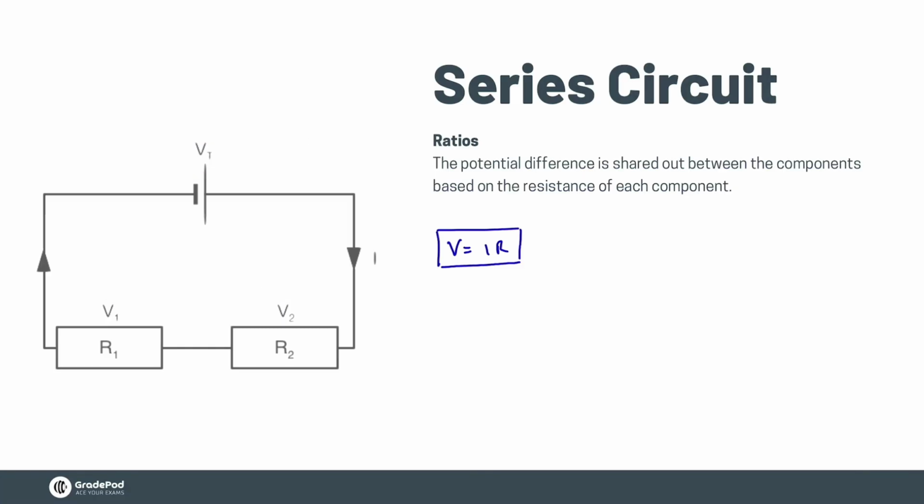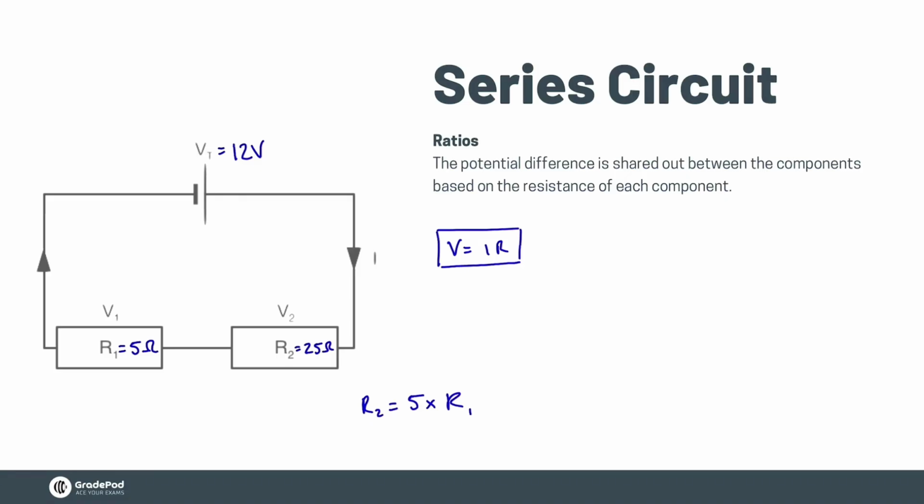I'll give you another example. Let's get rid of these numbers. Let's say that R1 is 5 ohms and R2 is 25 ohms. And let's say, for example, that VT, the power supply, is 12 volts. Well, R2 is 5 times bigger than R1, which means the voltage across R2 has to be 5 times bigger than the voltage across R1.